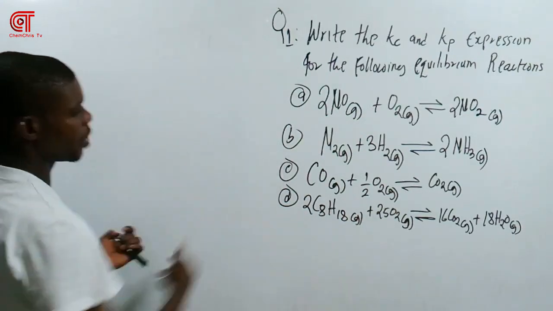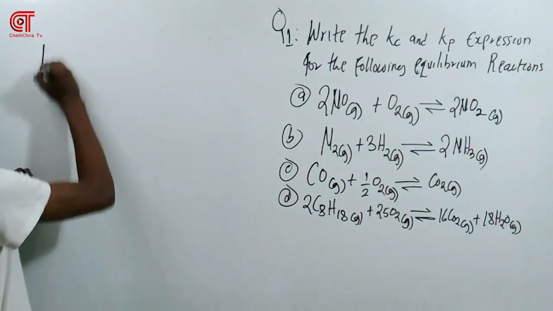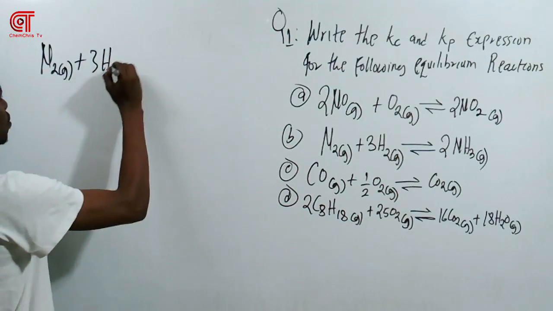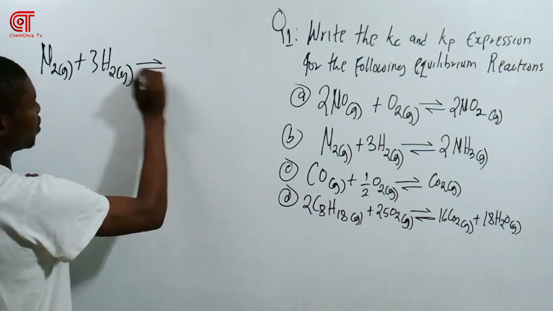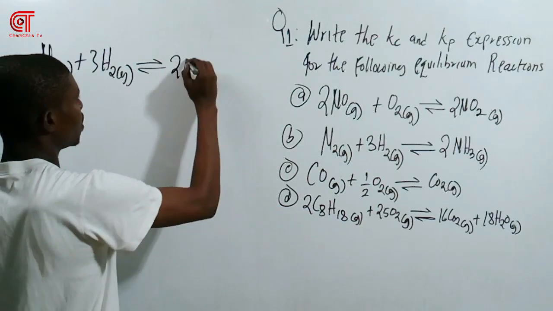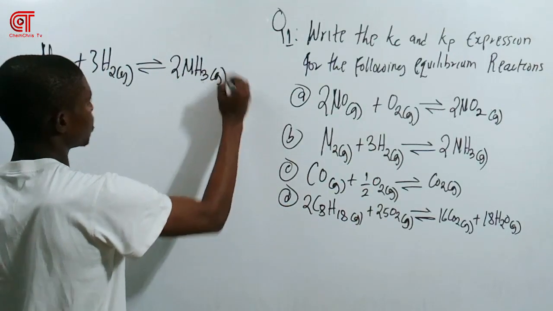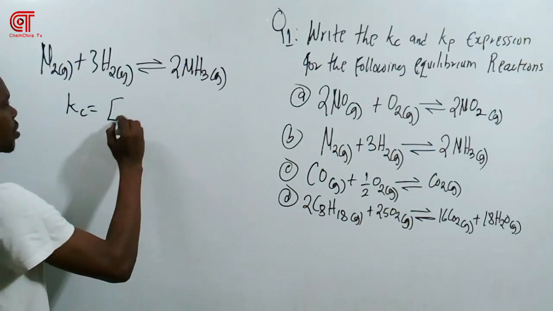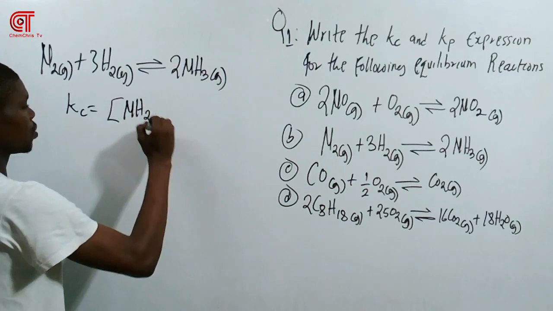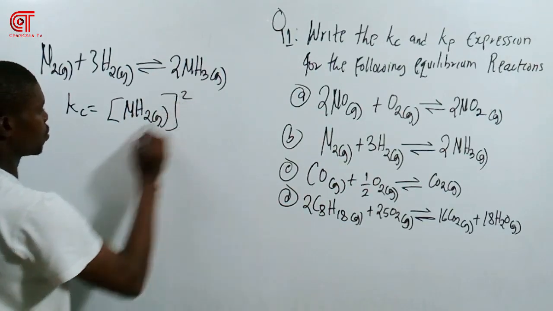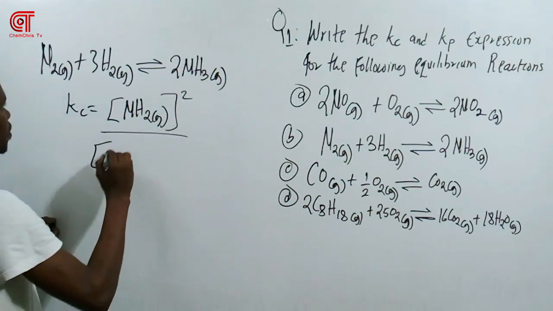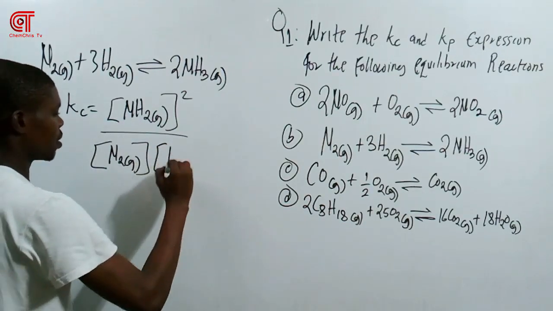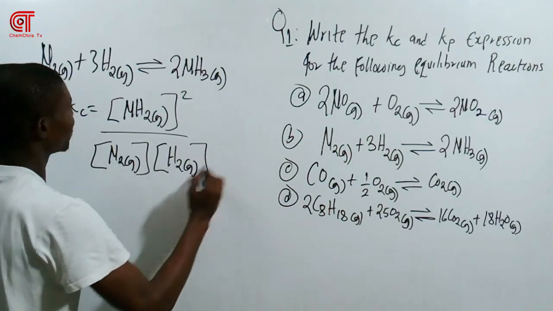Here we have N2 gas plus 3H2 gas gives 2NH3 gas. So if you want to write it here we have Kc equals the concentration of NH3 gas, this is 2, over N2 gas, which is 1, then H2 gas, which is 3.